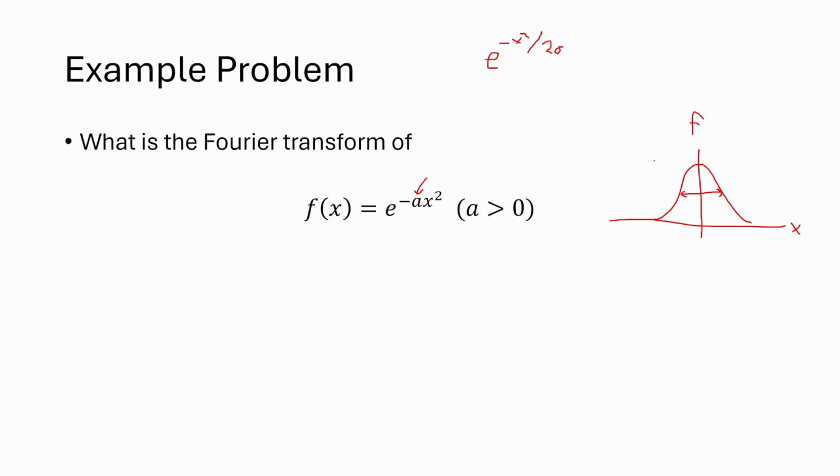That's the width of your Gaussian. So this width of the function is essentially 1 over a. And yeah, there's a factor of 2 or something in there depending on how you define things. But the point is, a is our parameter that tells us, is this a narrow Gaussian or a wide Gaussian?